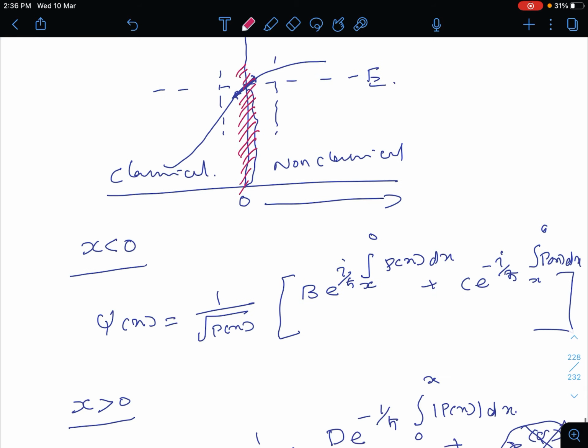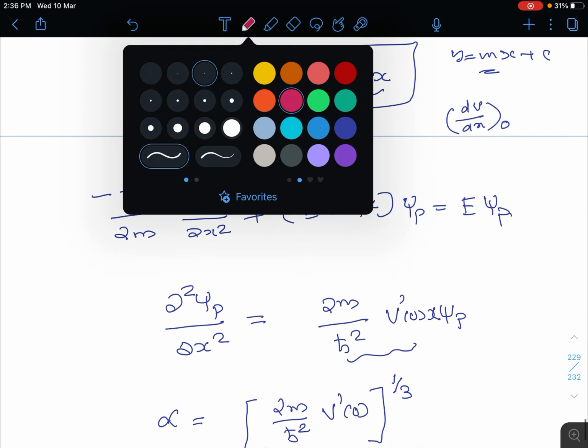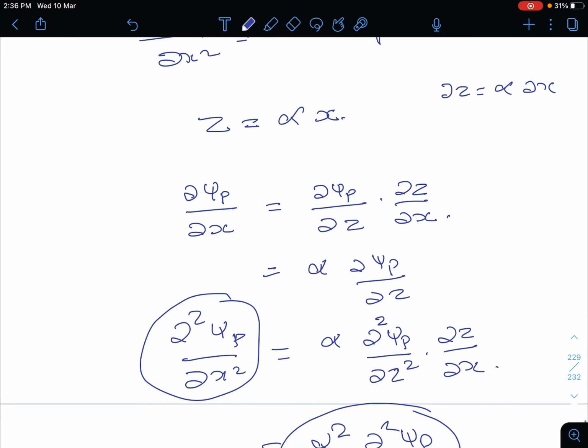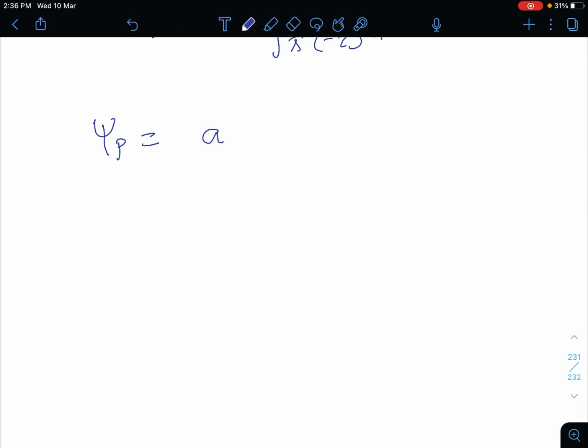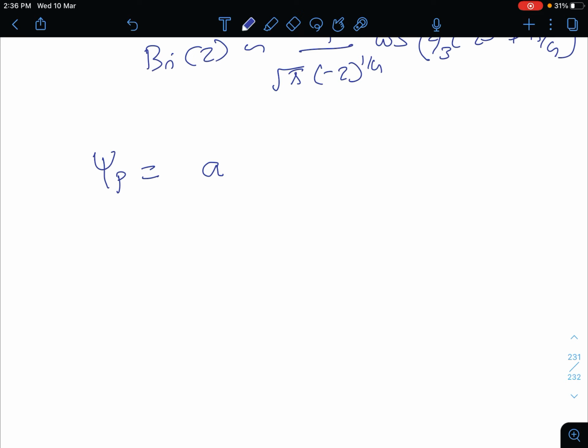So this region I'll be considering it to be something like this function. The wave function would be a linear combination of Ai of alpha x, because alpha x is what we consider as set, and Bi of alpha x. Clear? So now this is the approximate wave function in the neighborhood of the origin.